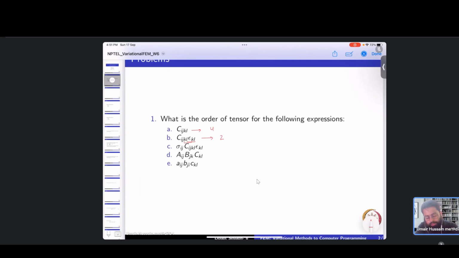We can also expand the dummy indices here. You can write this as, so we'll assume 3 dimensions.